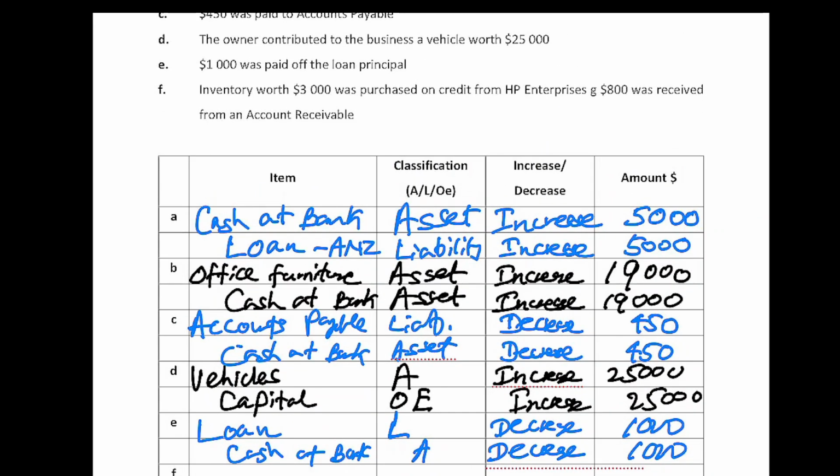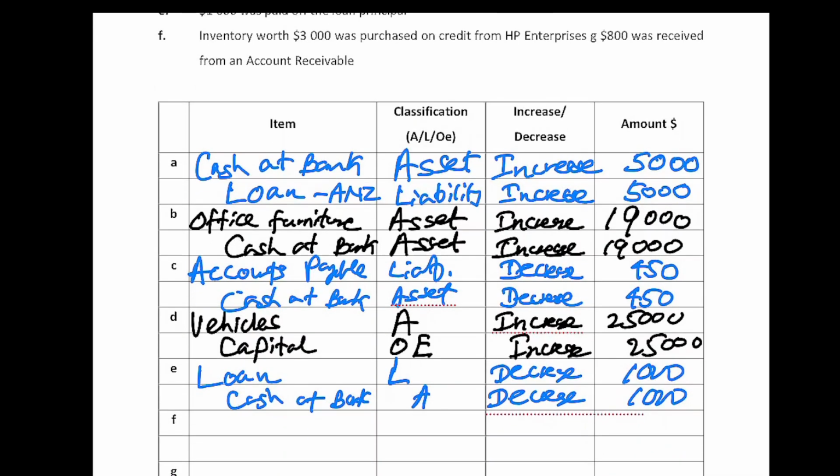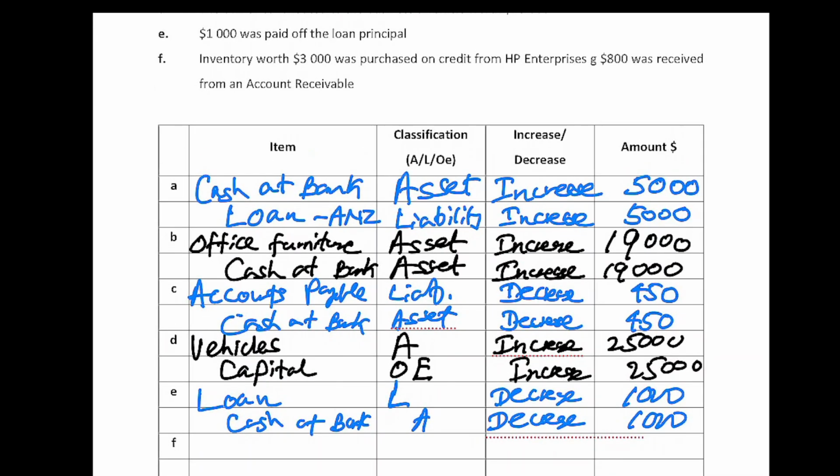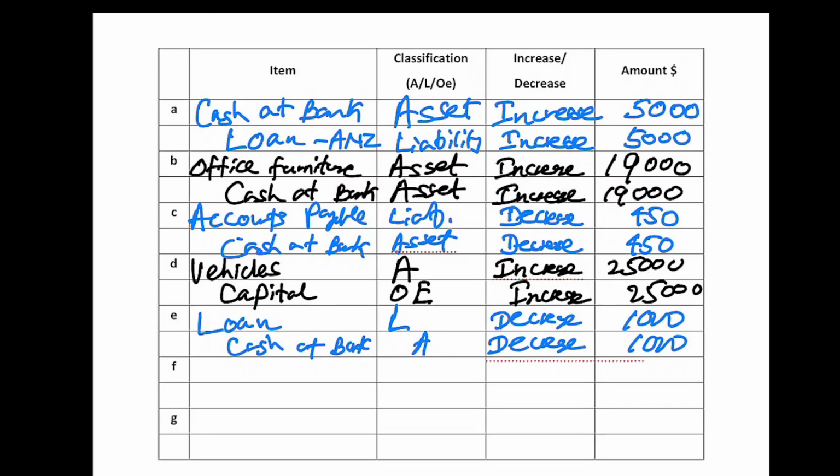Next one. Inventory worth 3,000 was purchased on credit from HP Enterprises. Cody, can you tell us? Inventory goes up.